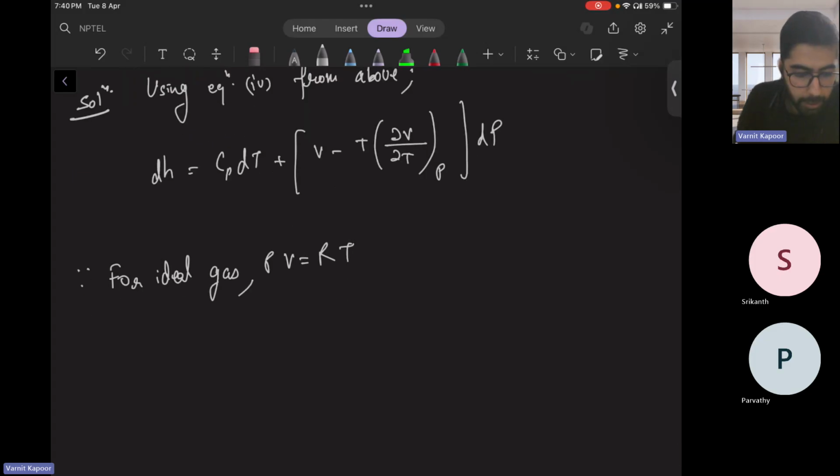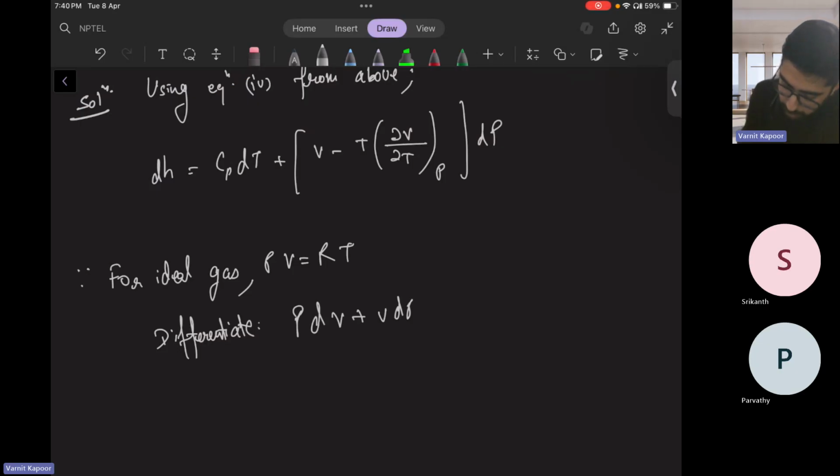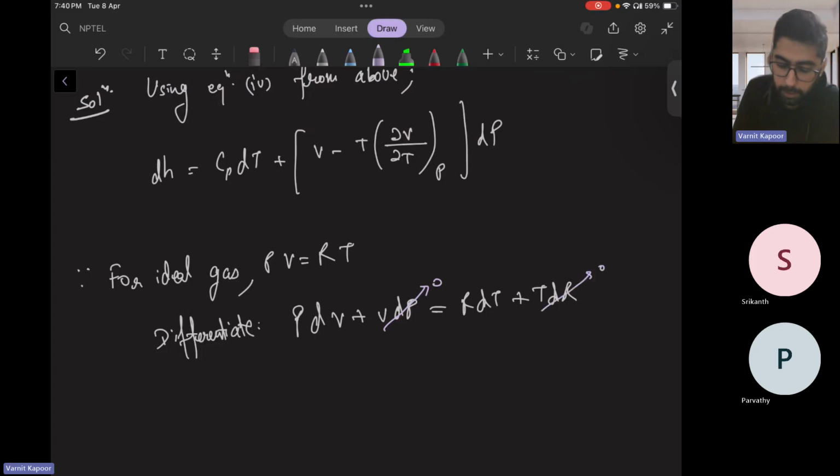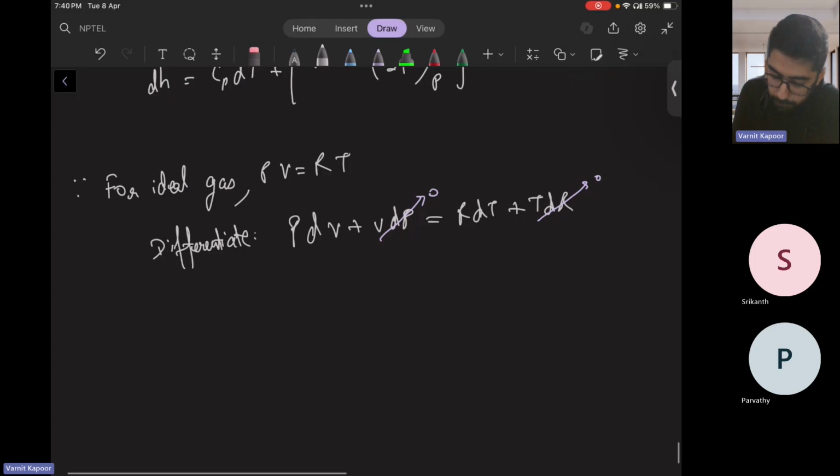Differentiating, PdV plus VdP is equal to RdT plus TdR. So again, this term is 0 for a constant pressure. So from here, PdV is equal to RdT.